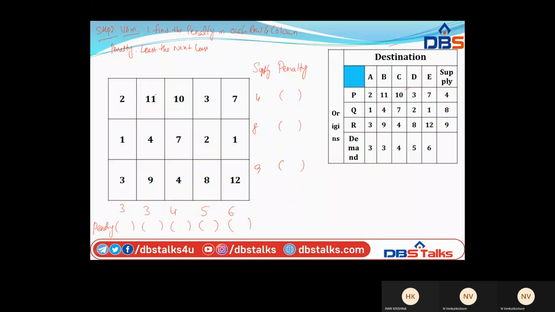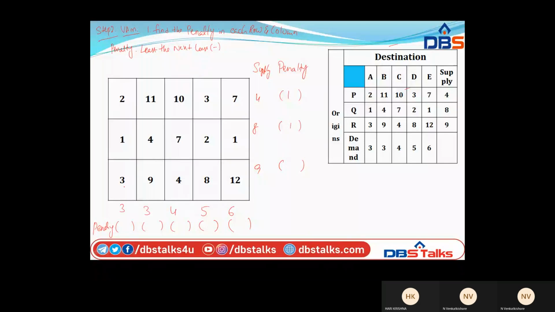So in this row, what is the least value? 2. And what about the next least value? That is 3. So the difference between the least and the next least value: 3 minus 2, that is 1. Next, here also the least value is 1, and the next least value is 2, so that is also 1.